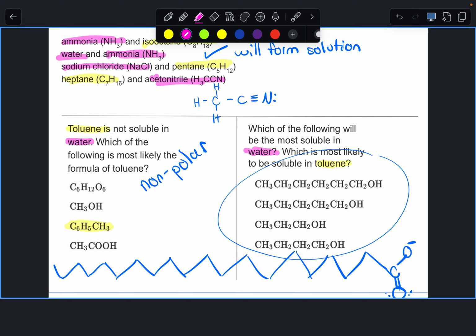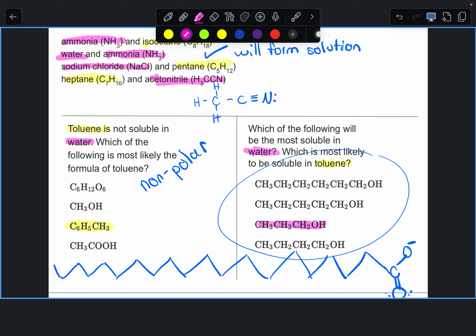So this one is the most likely to be soluble in water because its polar portion is going to have more influence since there's less of that non-polar portion. The more carbons and hydrogens you get, the more likely it's going to be able to be dissolved into something non-polar.